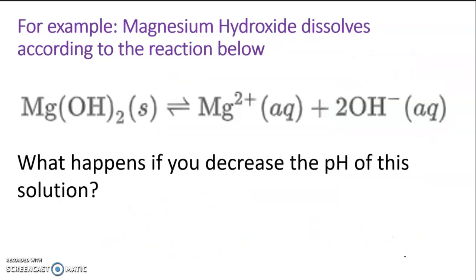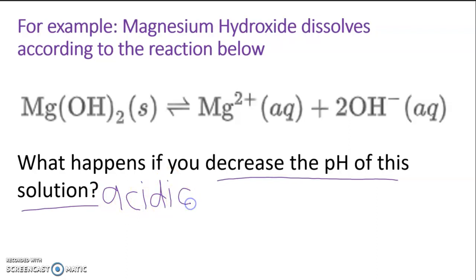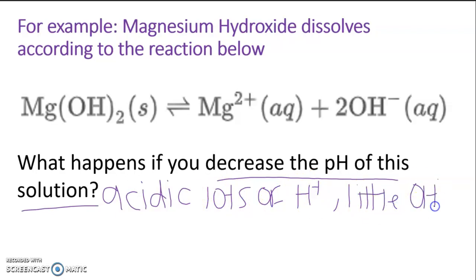Just the opposite. What if I decreased the pH of this solution? That means I'm putting it in something acidic. Now, acidic solutions have lots of hydrogen ions and little hydroxide ions. Hydroxide is a product over here.